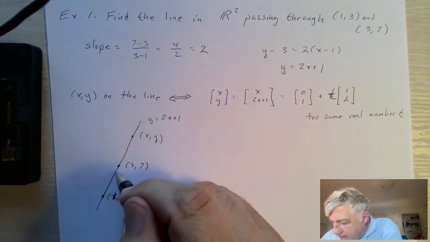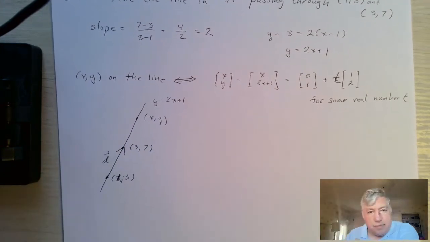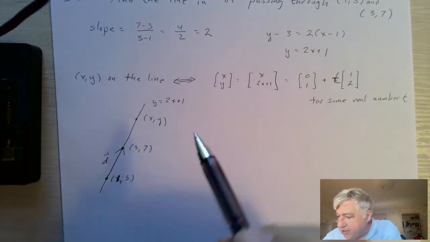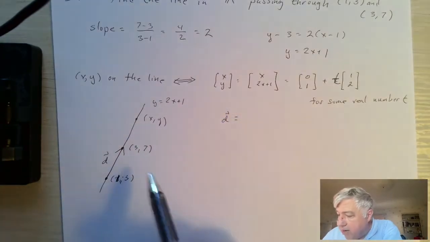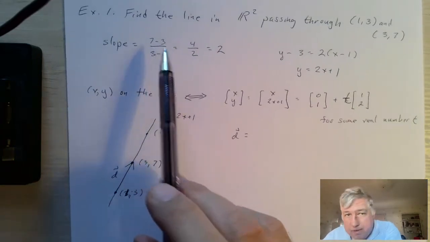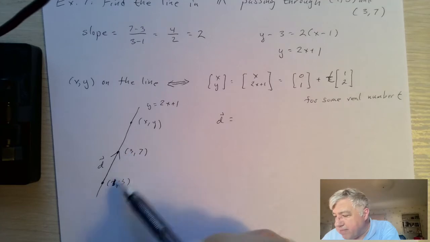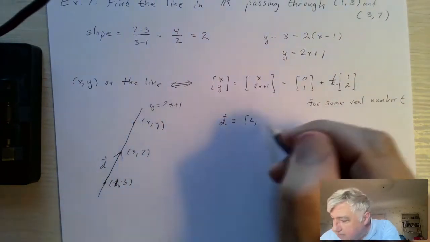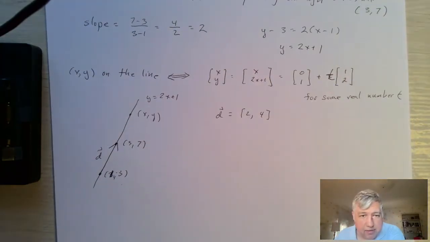I'm going to call the vector connecting these two points D. What is D? We basically computed it up here. 3 minus 1 is 2, and 7 minus 3 is 4. We're going to call this the direction vector of this line.